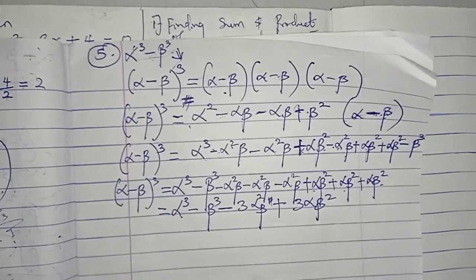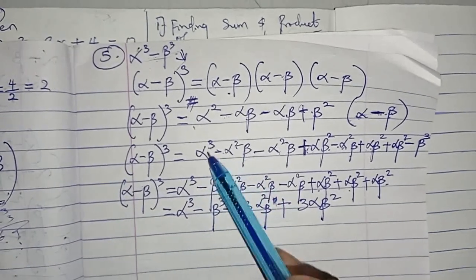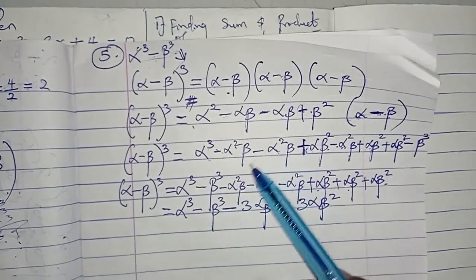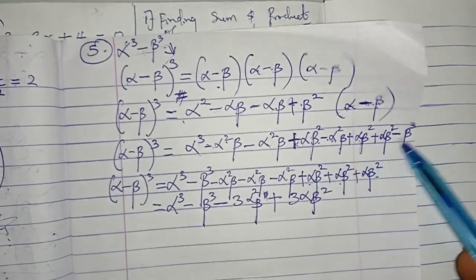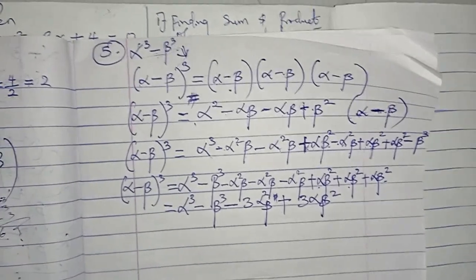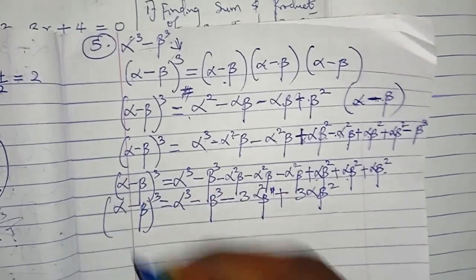Yes, so that's it. So this is alpha minus beta cubed.